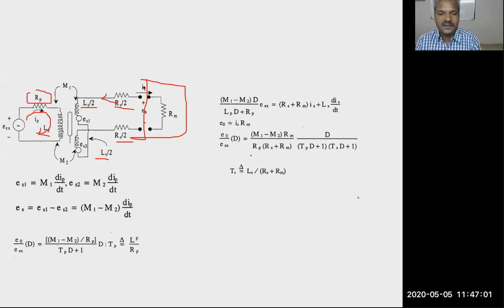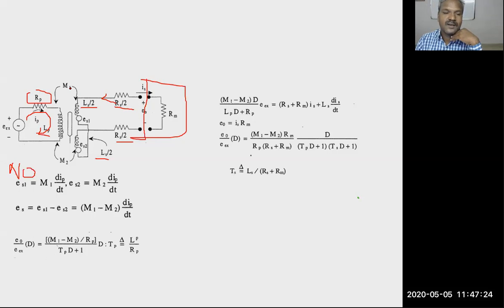When the output is open circuited, that means there is no load. So this is for the no load condition. What is the EMF induced in the secondary coil due to the primary? Simply, the EMF induced in a coil is L di by dt.